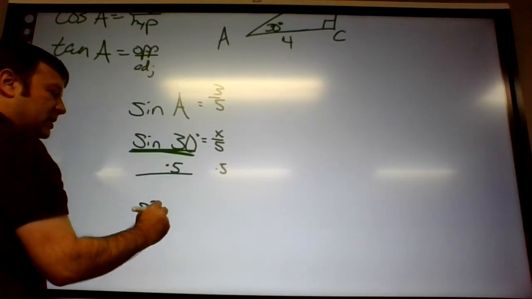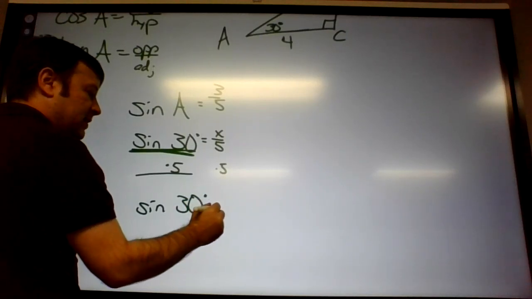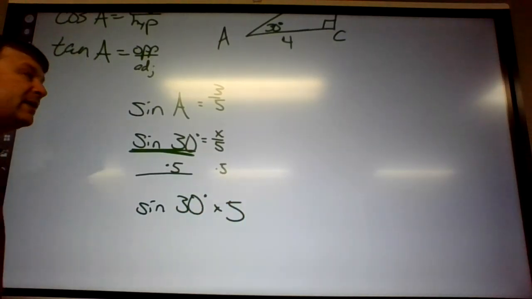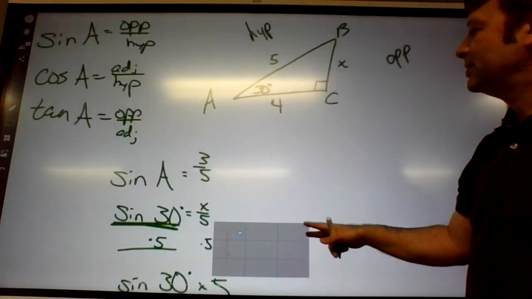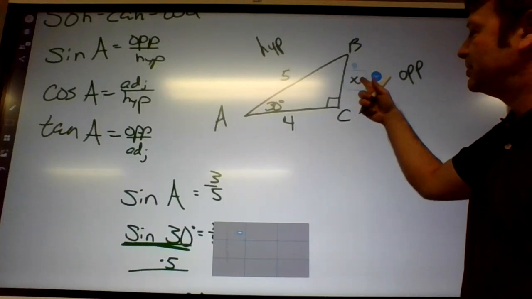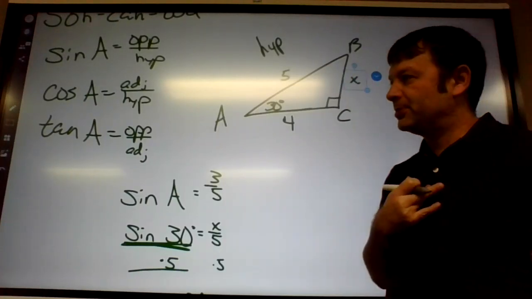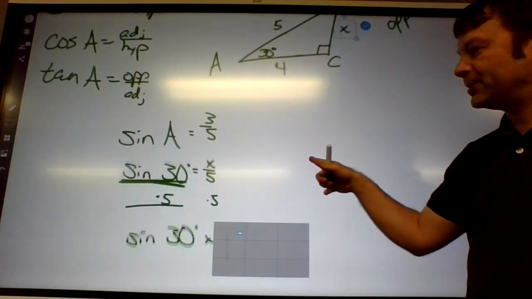So sine of 30 times 5 would give you x. It would be some weird decimal, and they'll tell you to round it off, like to the tenth place or something.